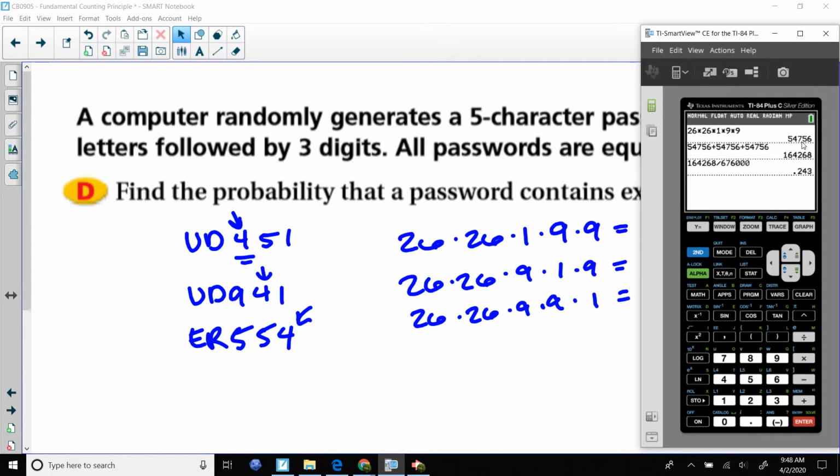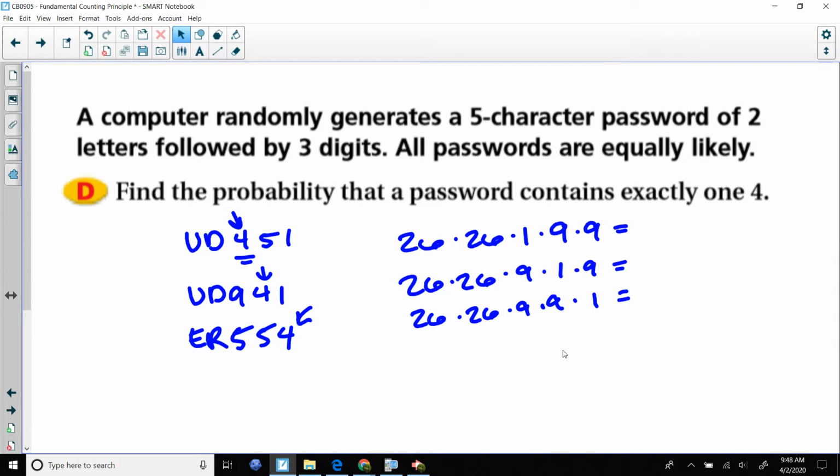It'll be 54,756 for each one of these scenarios. So if I add all 3 of those together, I get 164,268. So this ends up being 54,756, and so does this one, and so does this one. And all of those outcomes are equally likely.